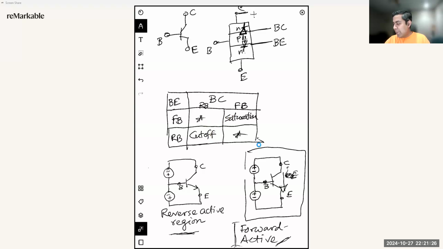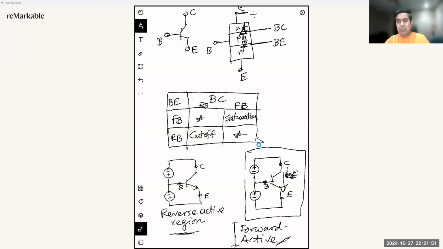But when they're in the active region, either forward active or reverse active, they are working as amplifiers, because we will soon see how the current equation is derived, like the collector-emitter current with respect to the voltage across the collector-emitter region.